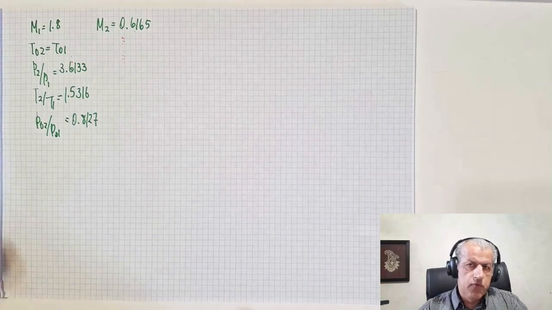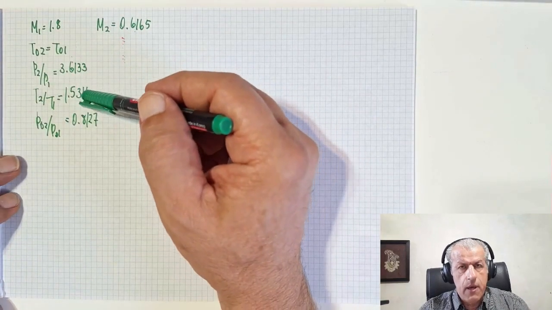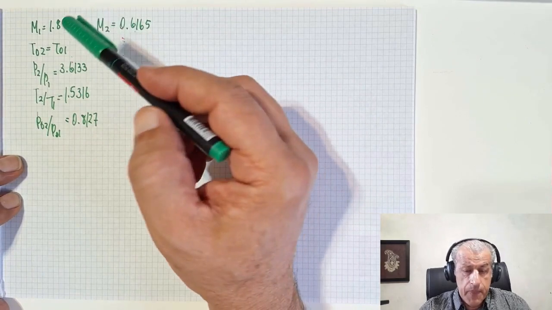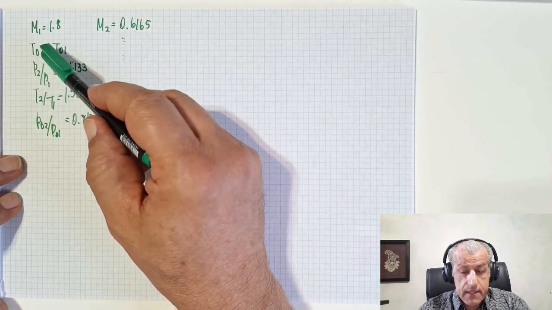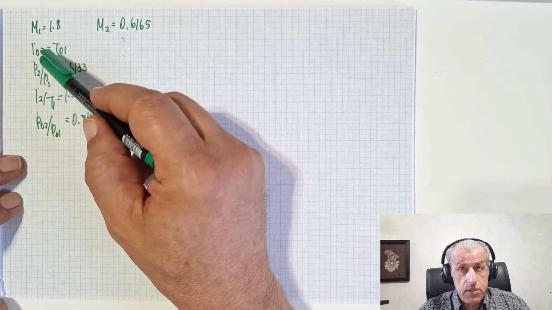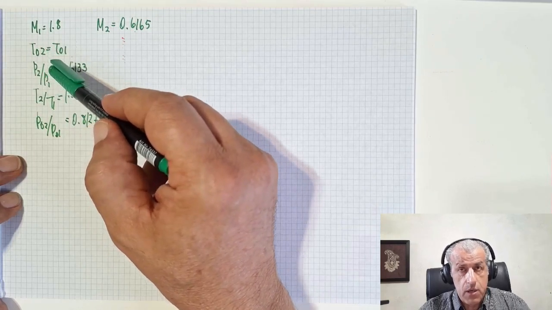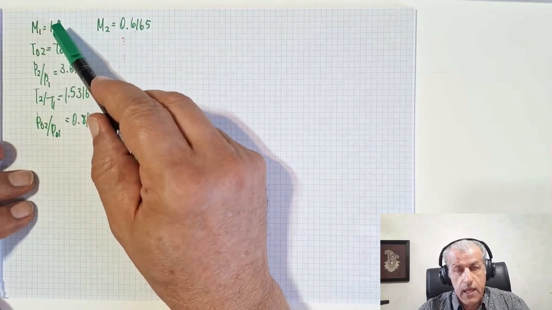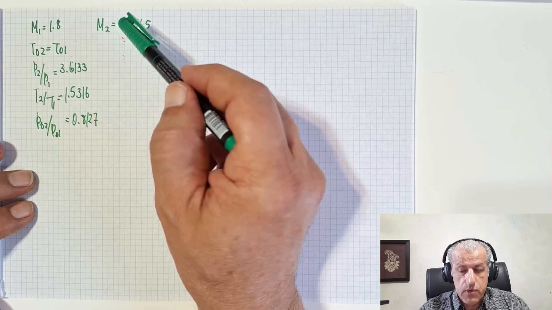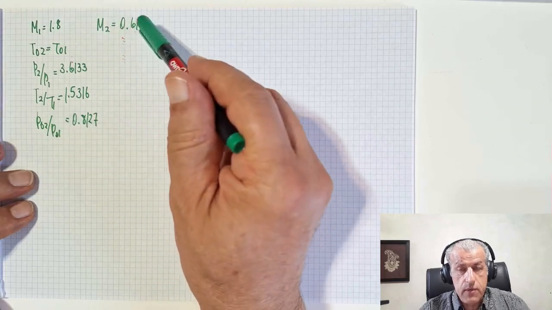Well, I just moved those values onto paper, and what no table tells you is that the ratio between total temperatures is 1, and the total temperatures are equal.